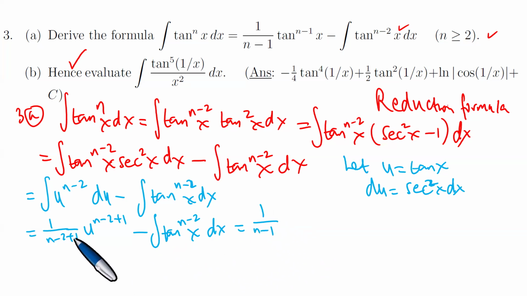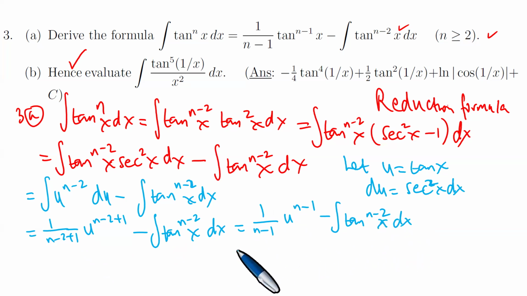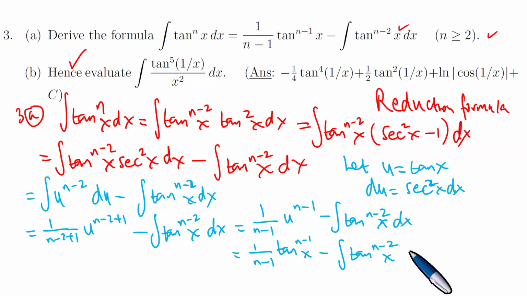Now we have n minus 1 from n minus 2 plus 1: 1 over n minus 1, u to the power n minus 1, minus the integral of tangent n minus 2 x dx. And u is tangent x, so this is 1 over n minus 1, tangent of n minus 1 x, minus the integral of tangent n minus 2 x dx. And this is the reduction formula.